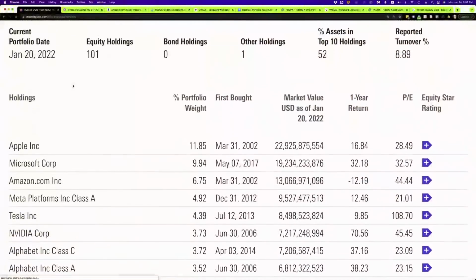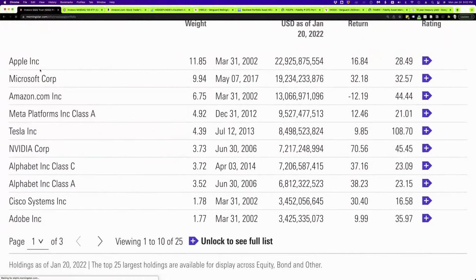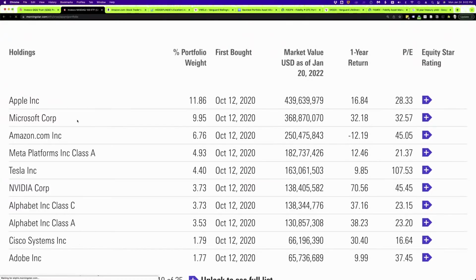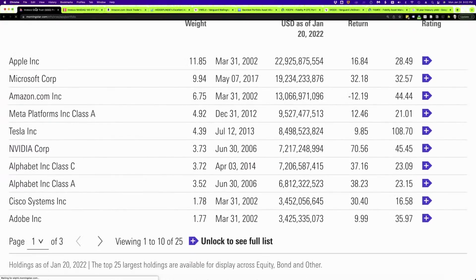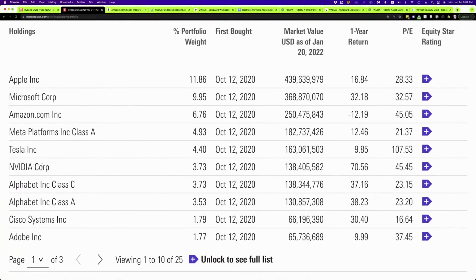Bear with me. The question is QQQ and QQQM. If we look, first of all, at the portfolio, here's the top 10 holdings of QQQ, and here's QQQM. They're basically identical, right?